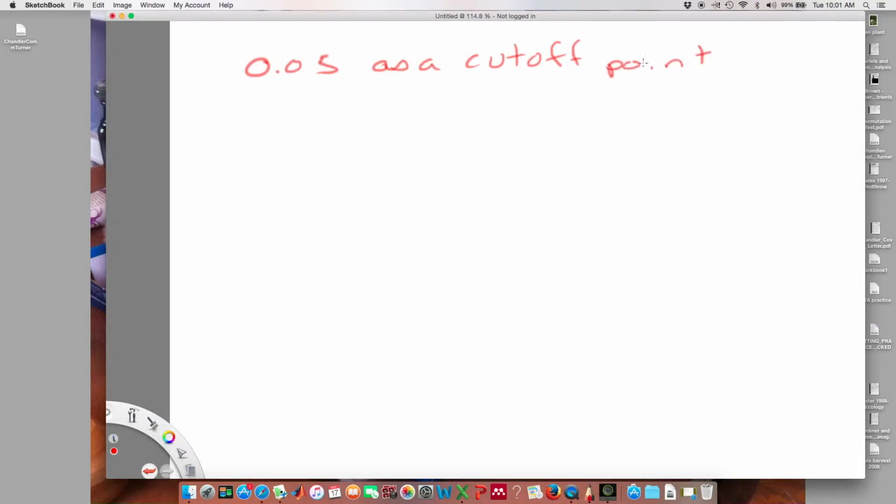And this is representative of the cutoff point of the p-value. So if our p-value is less than 0.05, it means we have significance. And I don't like using the word significance because if we have a p of less than 0.05, what that really means is that we are confident in saying we see differences among our groups or in the means of our groups.